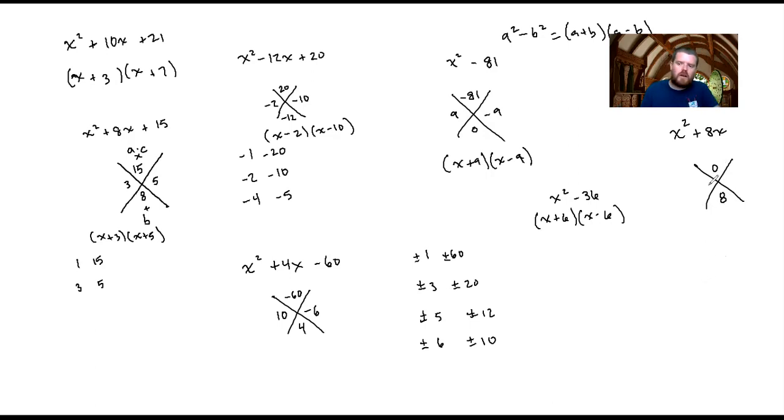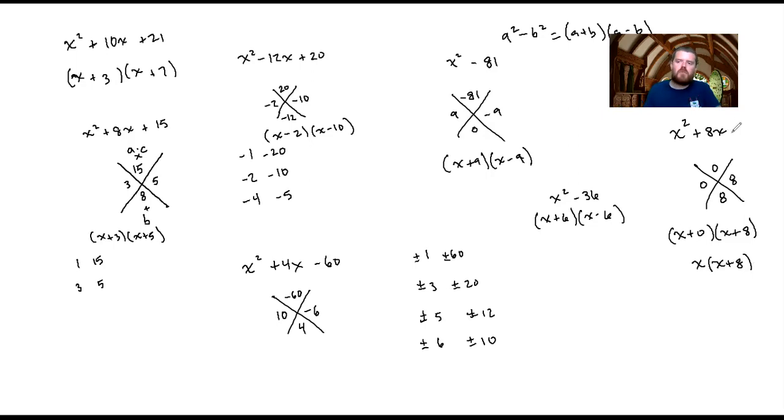Well, if they're multiplying to get 0, then one of the terms has to be 0. And 0 plus 8 is 8. Therefore, you have x plus 0 times x plus 8, or just x times x plus 8.